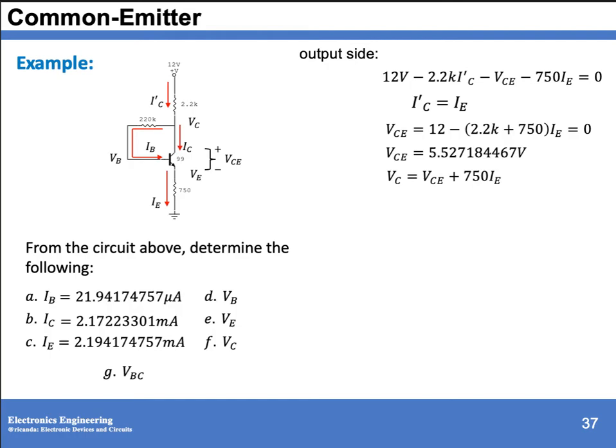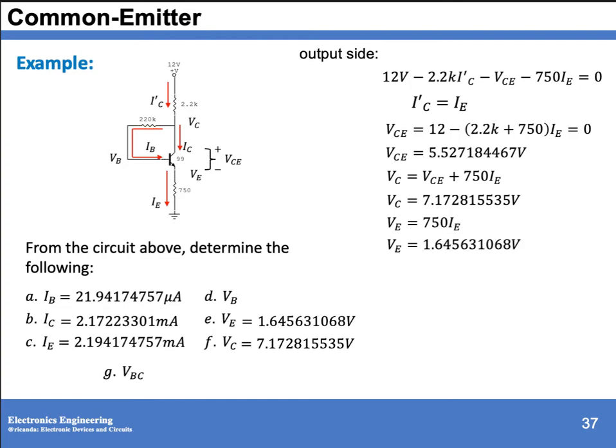Then for VC, that is equivalent to your VCE plus your voltage drop across 750. So this is your VC. And for your VE, that is the voltage drop across 750, then this is your VE. The voltage at the base is equivalent to your voltage base-emitter plus your voltage at the emitter.